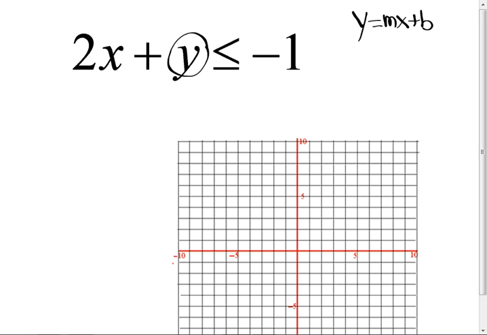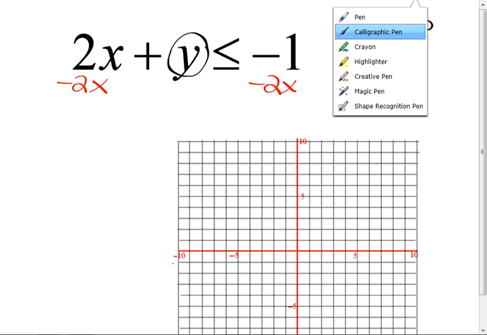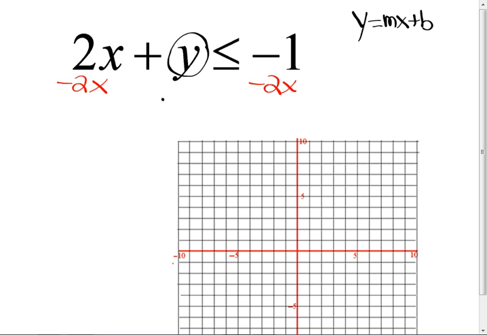Okay, Lucas? What's the opposite of adding 2x? Subtracting 2x. Ray, can I add a -1 and a -2x? No. I can add them, but I can't simplify it. Do you want the x first or the -1?